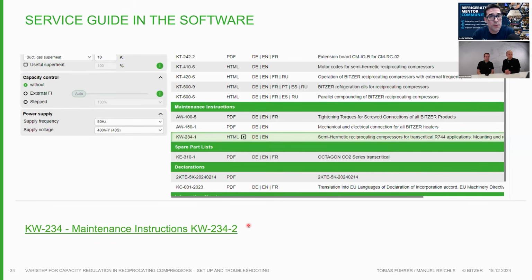Is the solenoid output going out to it getting the proper voltage? Because there could be wires that are pulled, they could not be connected properly. So there are lots of these things that we need to check as technicians in the field. But this is awesome. Definitely get out to the manual, the maintenance instructions, for sure.